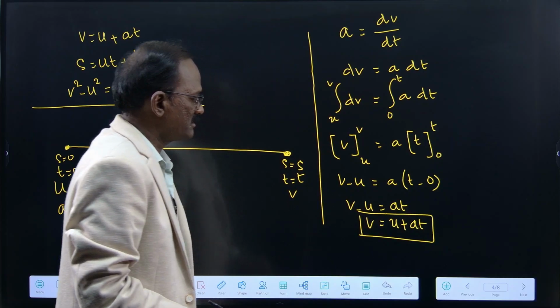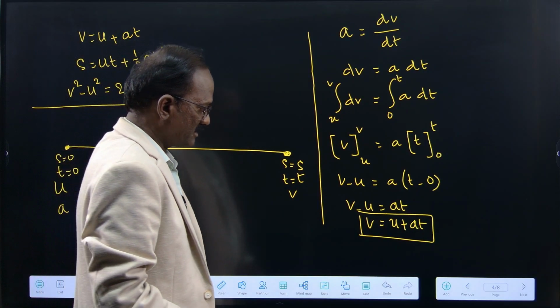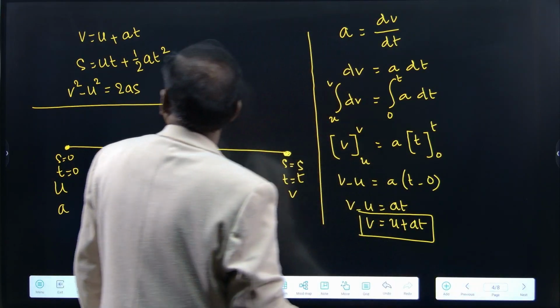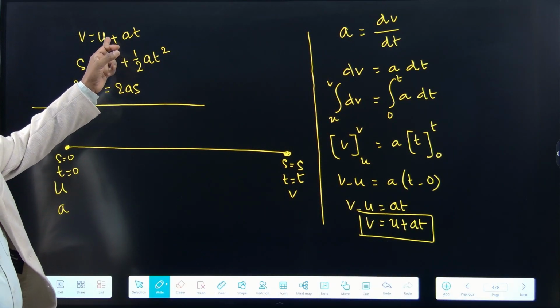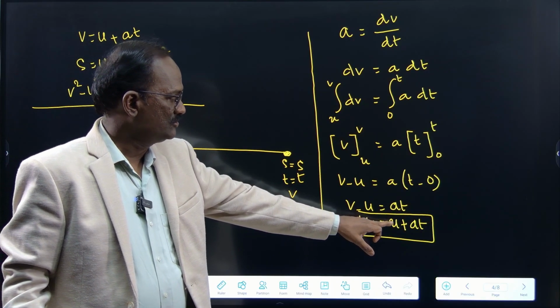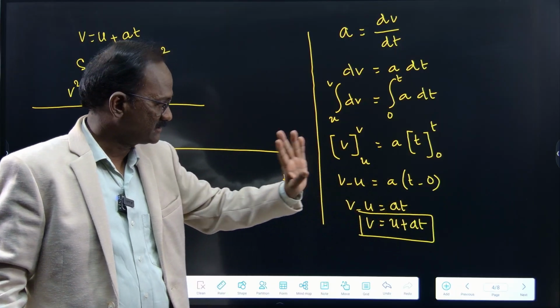This is number 1 of the equations of motion, the kinematic equation. Equation number 1, v is equal to u plus at. Final velocity is equal to initial velocity plus acceleration times time.